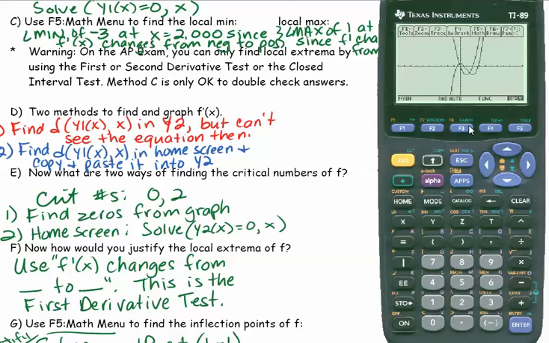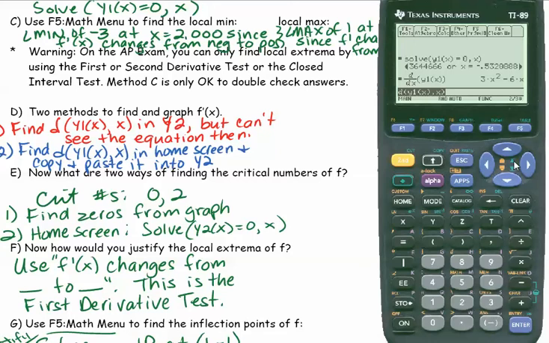So there's our derivative function. I told you I wasn't fond of that method, but it really depends on what you need to know. Let me go back to y2 and clear it. If you need to see the derivative function, then my suggestion was to go to the home screen and do the same thing, the derivative of y1 of x with respect to x.